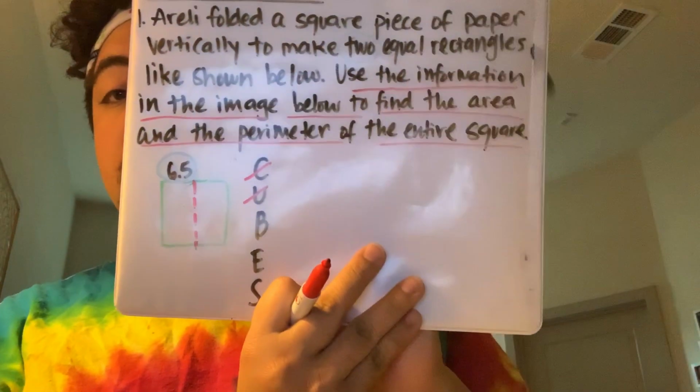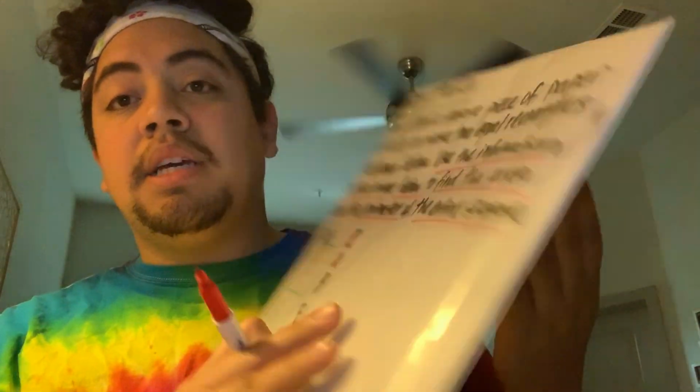Now we're at B. B stands for boxing keywords. Well, some keywords that stand out to me would be folded, right? So she folded this piece of paper. There are two equal rectangles. I like that, equal rectangles, because that tells me that they are the same. And I notice that I need to find the area and I need to find the perimeter.